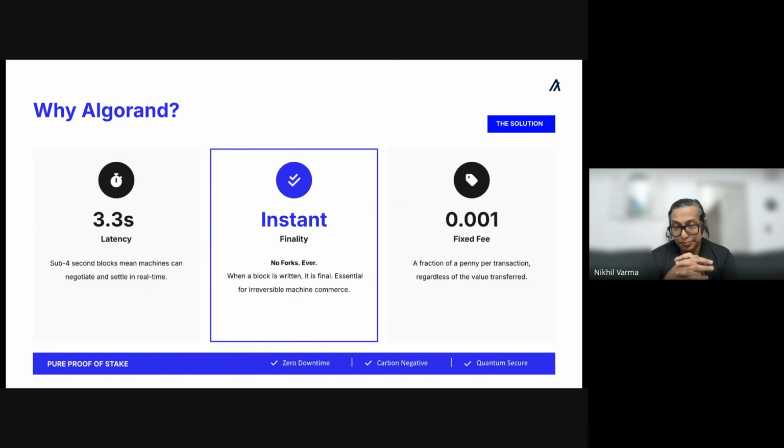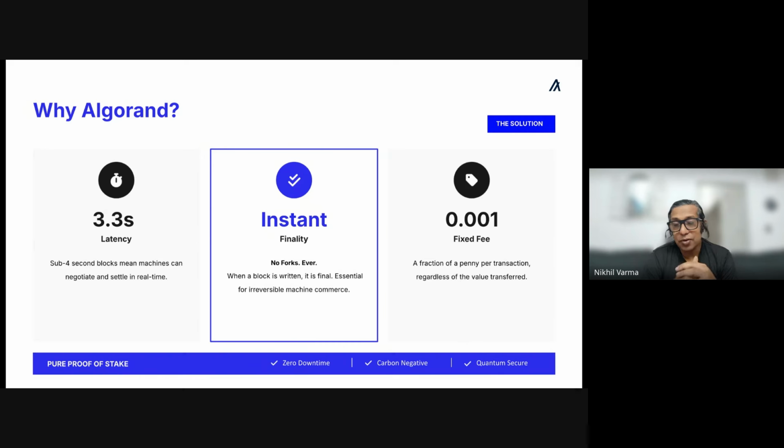Now, of course, we all work for Algorand, and it's understandable when we say Algorand is the best chain. But to substantiate it with actual data, one of the things that is important to understand is that blockchain is definitely a good digital native, but most blockchain platforms do not have the ability to provide those three things that I talked about, which is speed, finality, and cost.